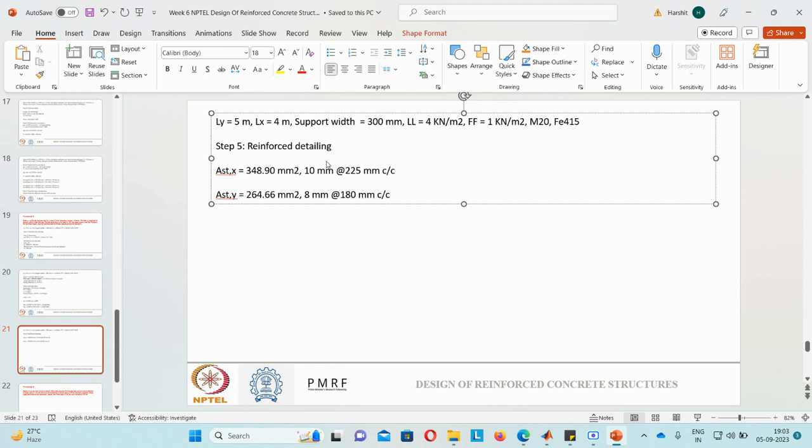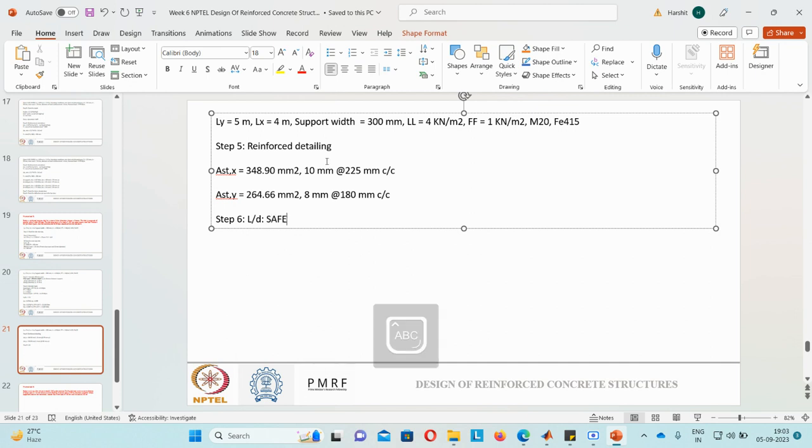You need to check the spacing criteria with 3d and 300, whichever is less, and you need to do the safety check. After this, we check for L by d. Once you know what Ast you have provided and what Ast you require, you can calculate the modification factor and check whether the L by d that we have opted is safe or not.